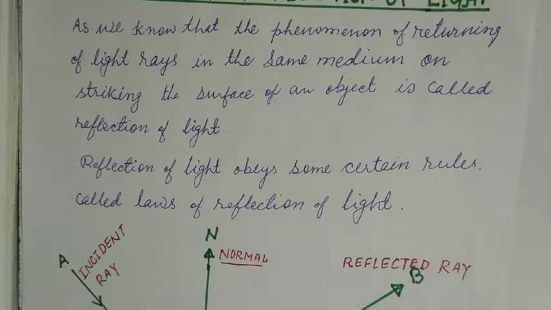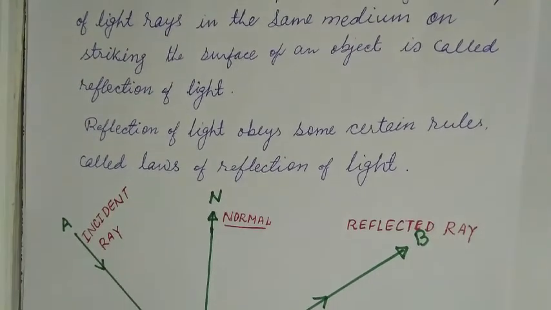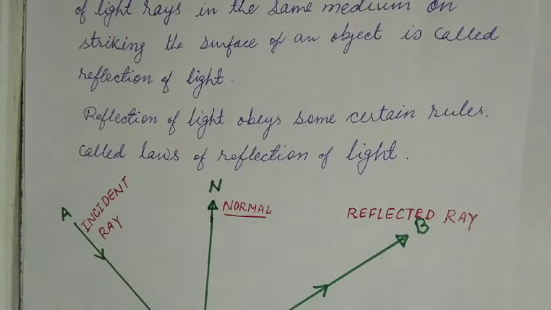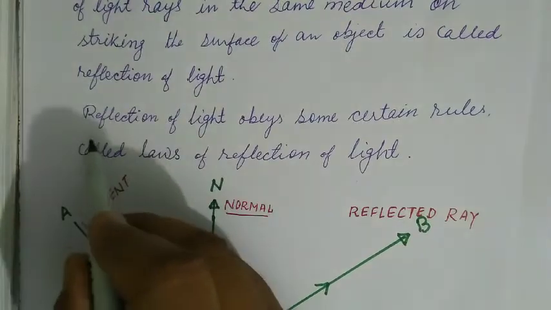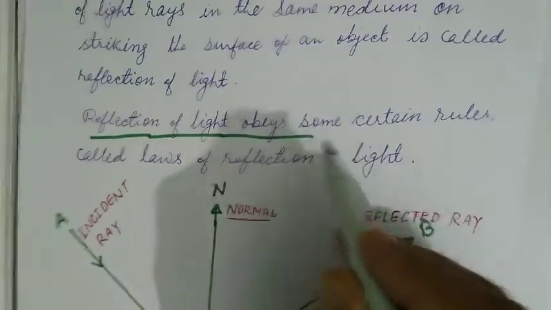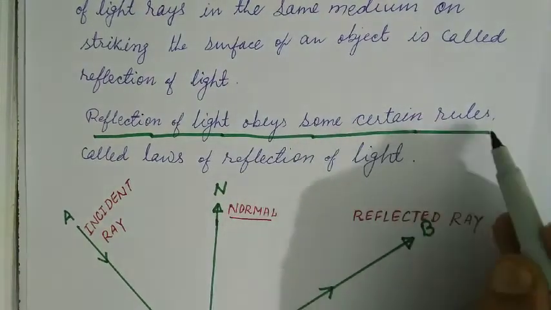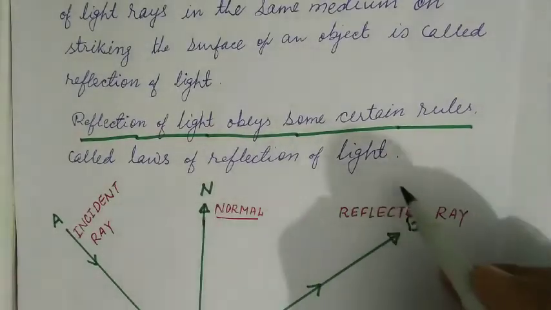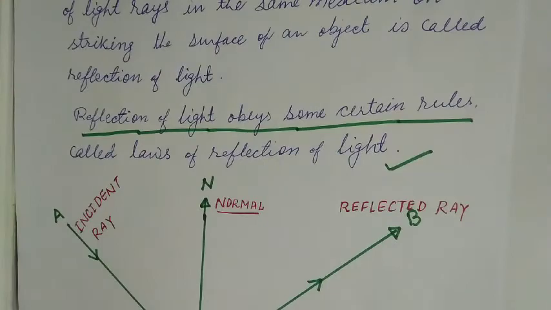Reflection of light obeys certain rules, which are called laws of reflection of light.